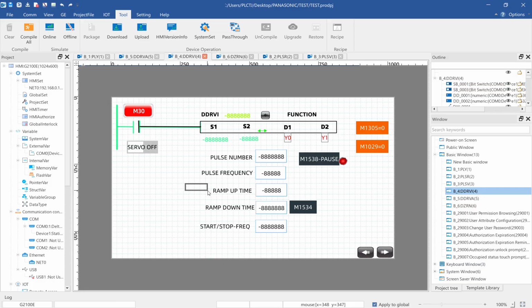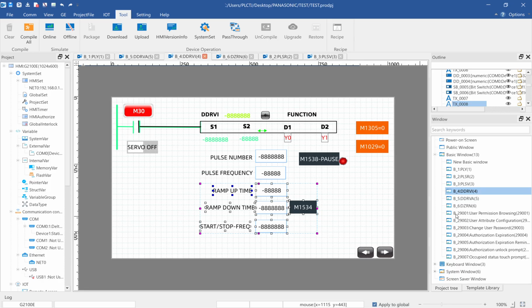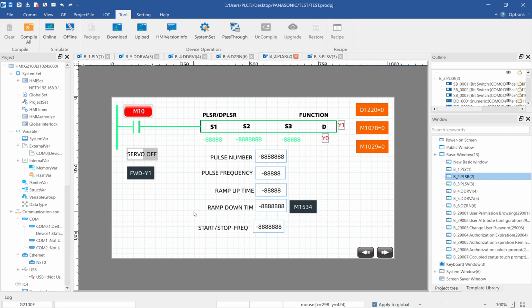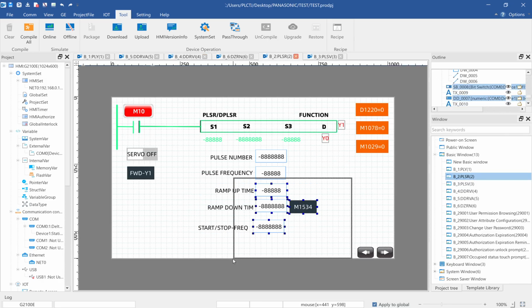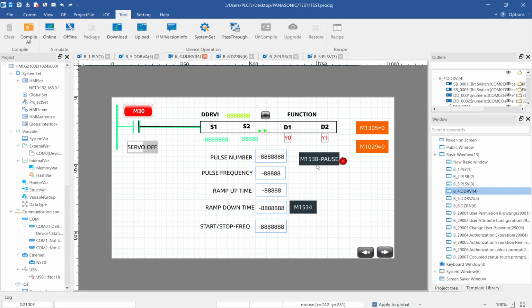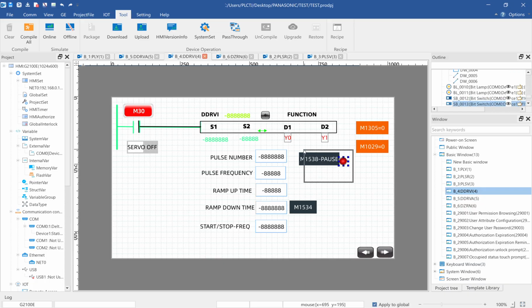If you remember, in PLSR we also have this function for acceleration and deceleration. Also we have pause. During the rotation we can pause, and when we reset the pause, the rotation continues.